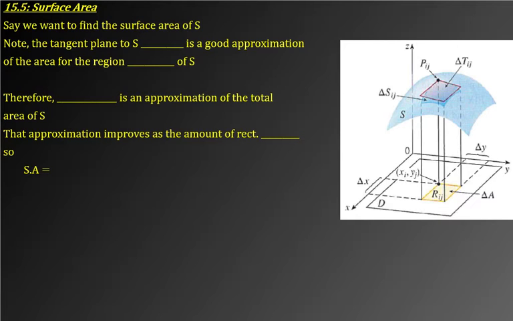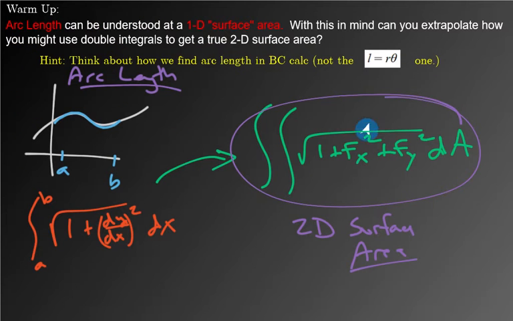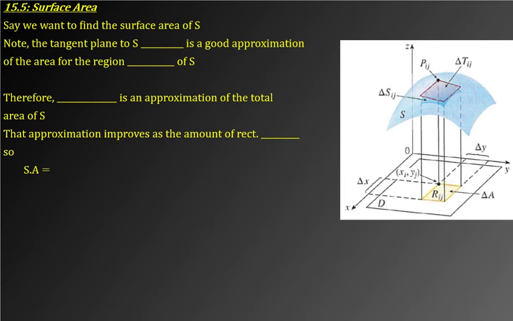So for surface area, we're going to build up this formula right here. The idea is you've got your surface in blue, and we have this red tangent plane, which is being called delta T sub ij.